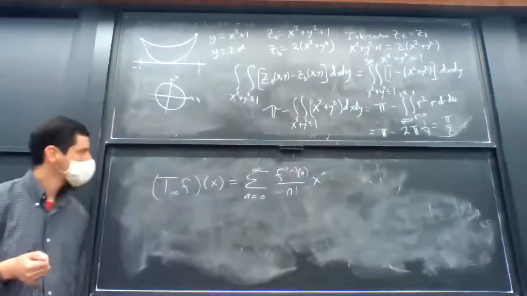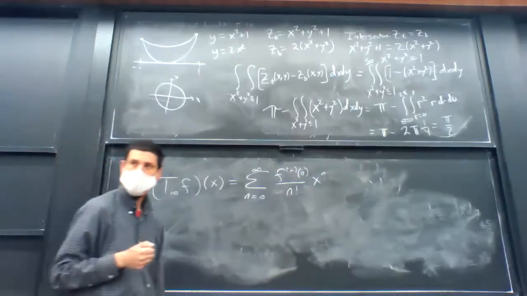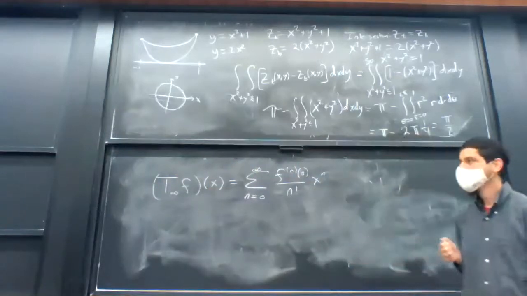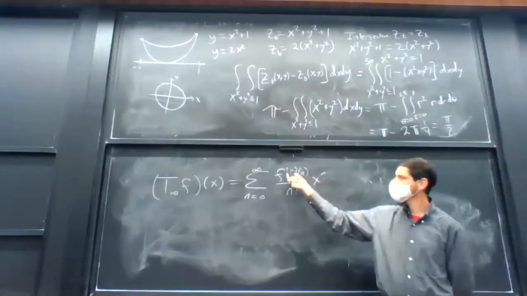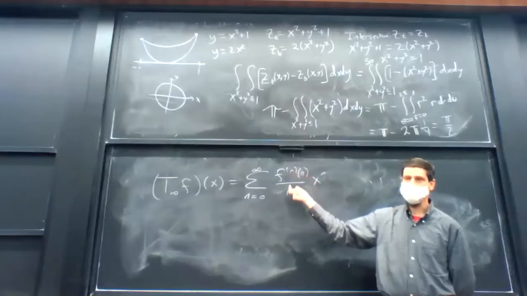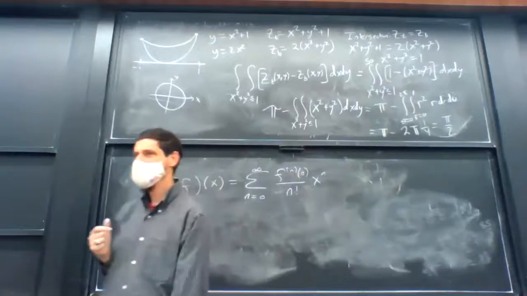So what might be a better test to use here? I'm sorry? If you want to do the integral test, you would have to come up with a function where you replace the nth derivative at 0 and n factorial with a function of x. And that's going to be challenging.